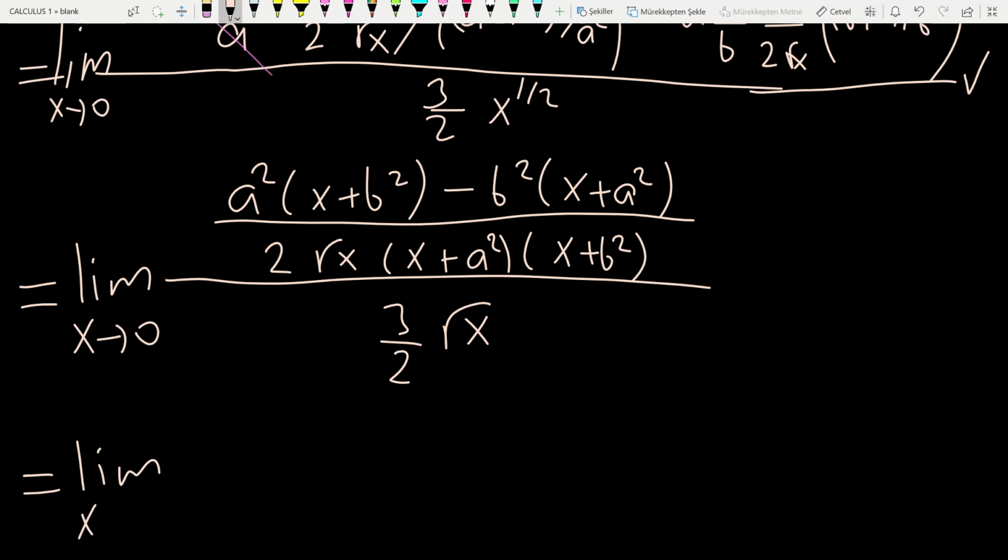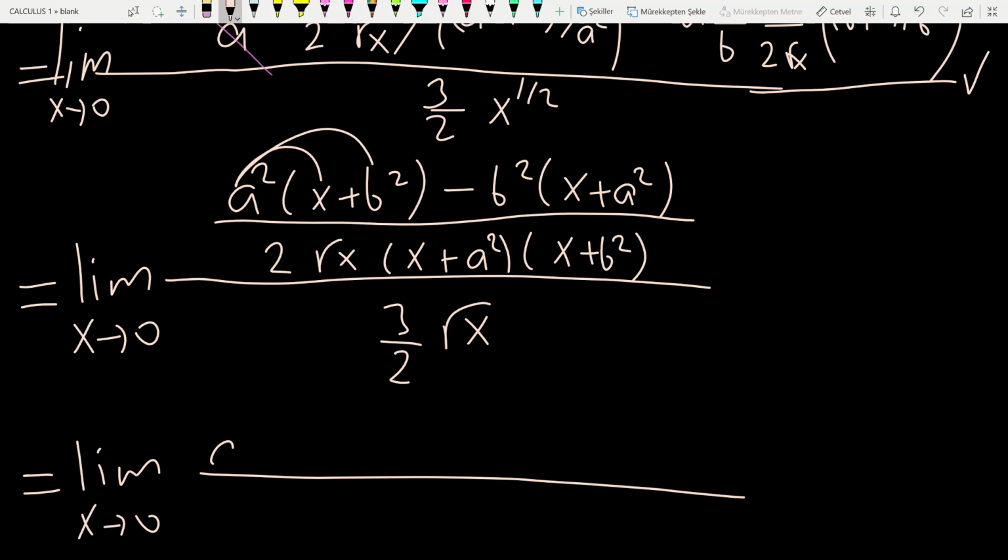So when x tends to 0, before taking the limit, let's continue to substitute this expression again. What do you have? You have a square x, a square b square, minus b square x, minus b square a square.